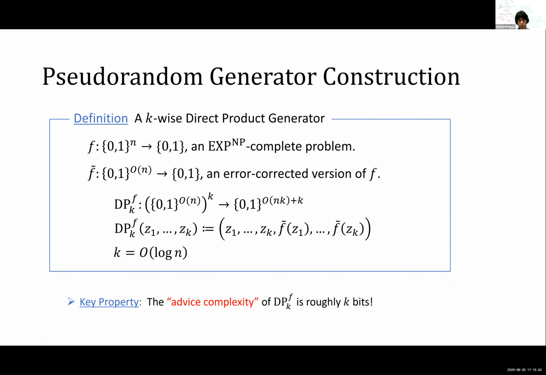You take a candidate hard function f, and an error-corrected version, f tilde. The direct product generator just outputs the following: you take k independent inputs, z1 up to zk, and evaluate f tilde at these points. The key property we exploit is that the advice complexity of the direct product generator is very small, roughly order log n bits.